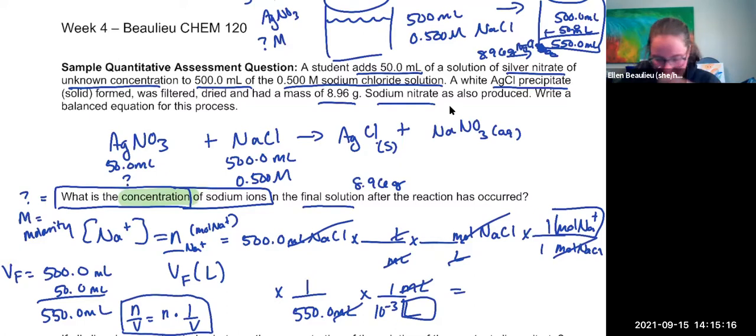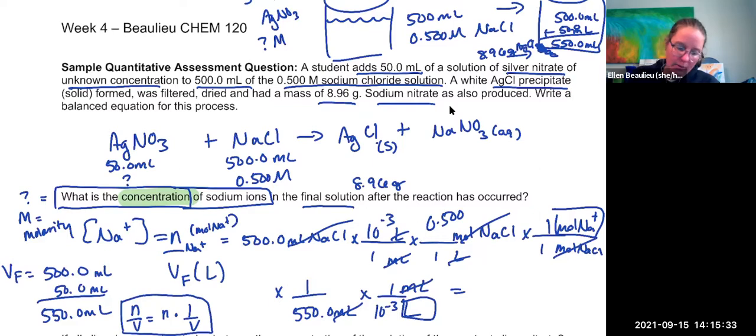Oh, sorry, I don't have all the volumes in here. So 10 to the negative 3. My molarity was 0.500. And this is the full unit analysis version.